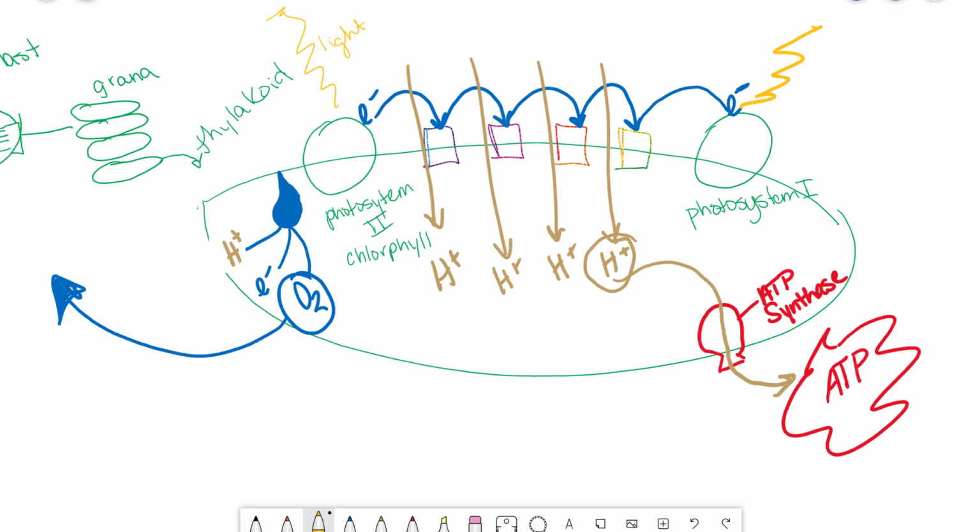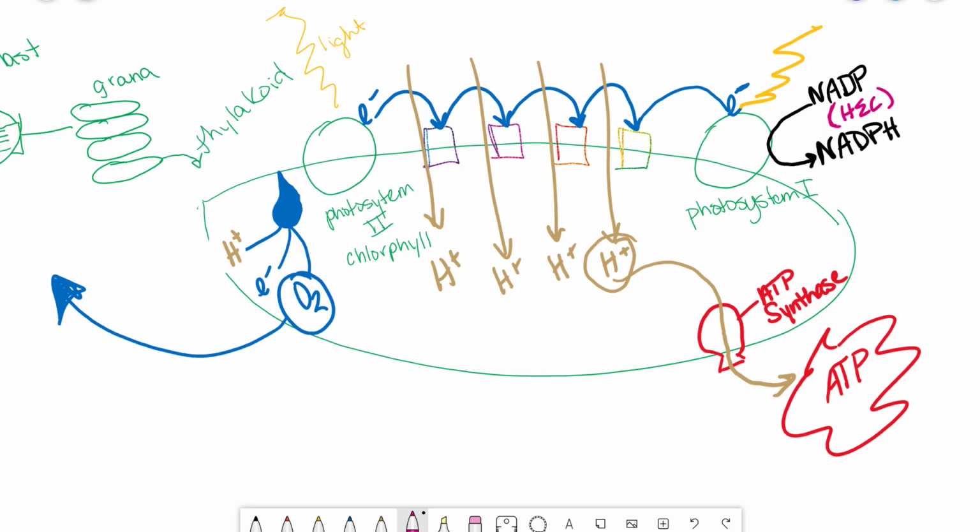And when we do, we have a high energy compound called NADP. We are going to use the energy from that electron to convert it to NADPH. Remember, we can just say it's a high energy compound.